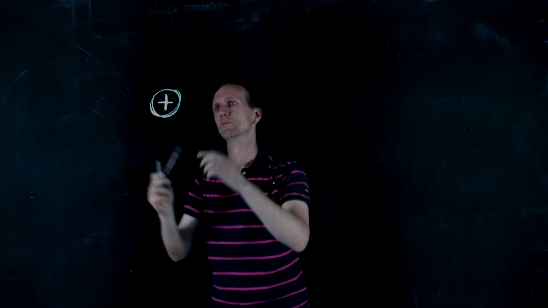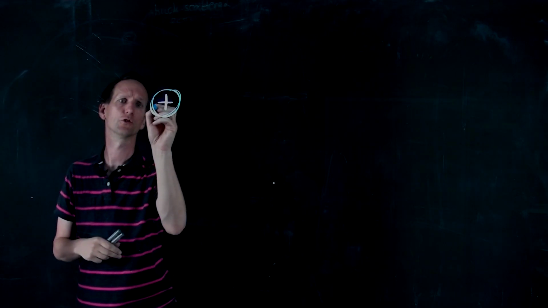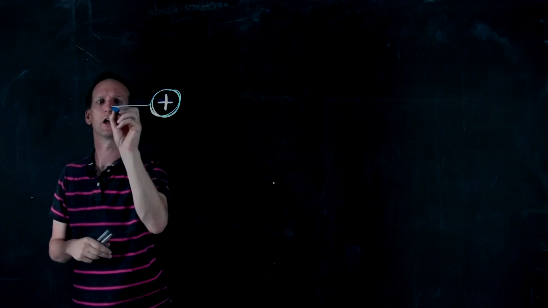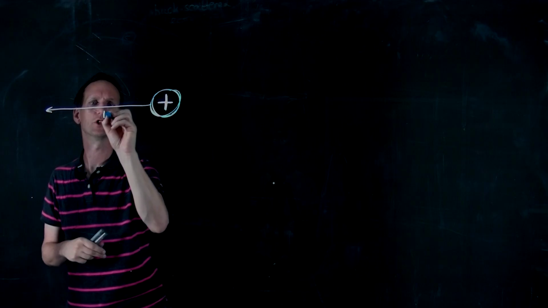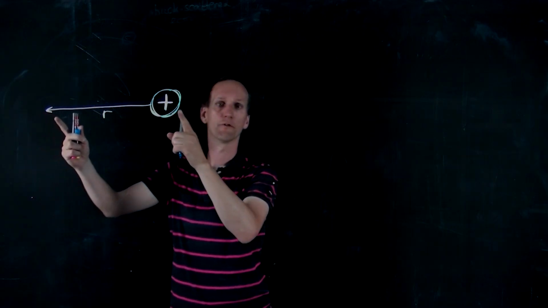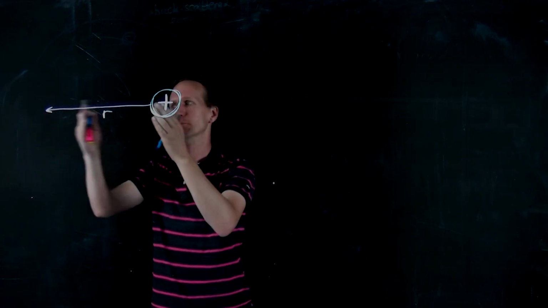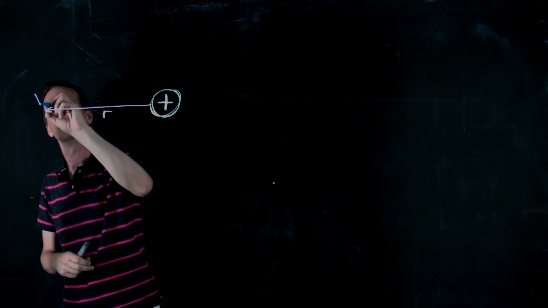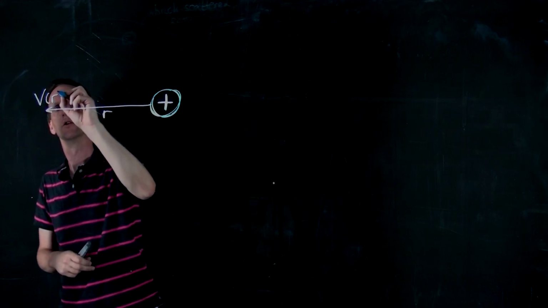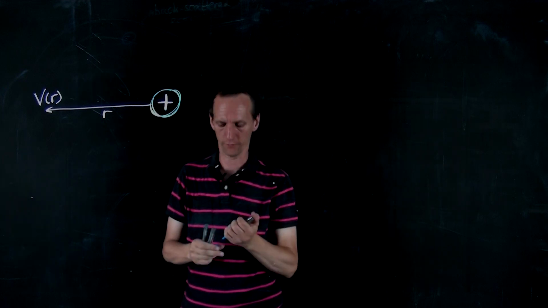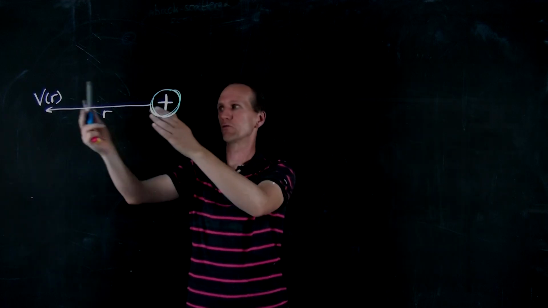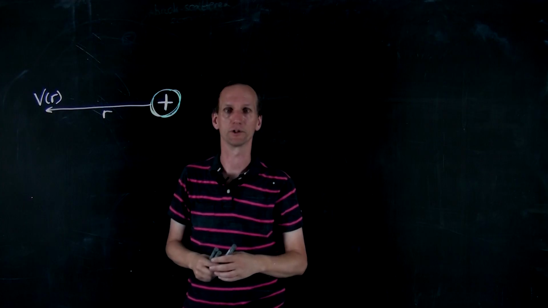So the further we move away from the nucleus, say I move over this line here, which I indicate by a radial position r, the distance from the nucleus, the potential will decay further and further as the charge of the nucleus is screened more and more by the surrounding electrons.